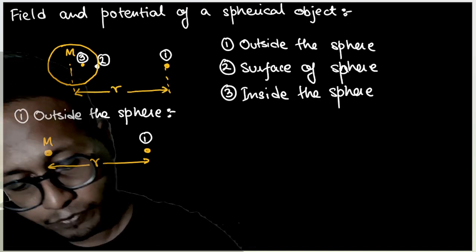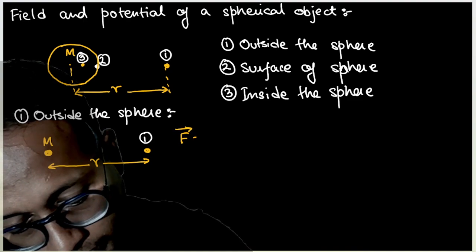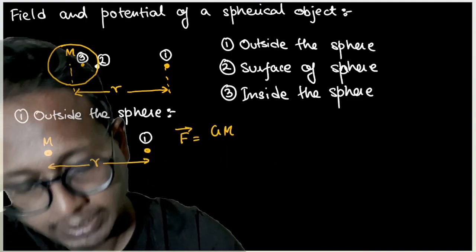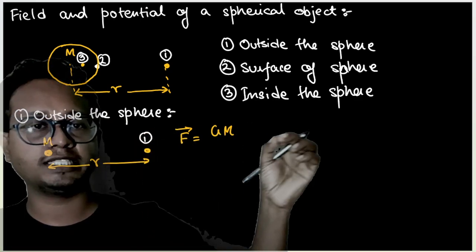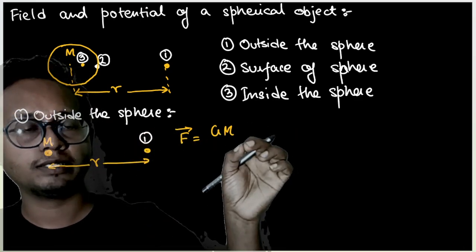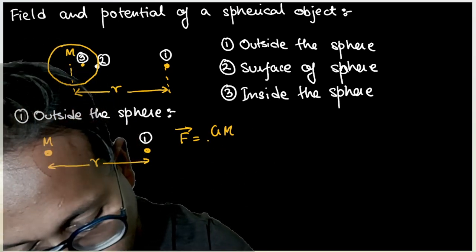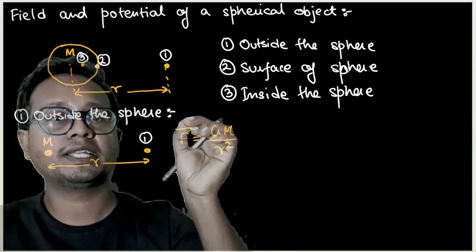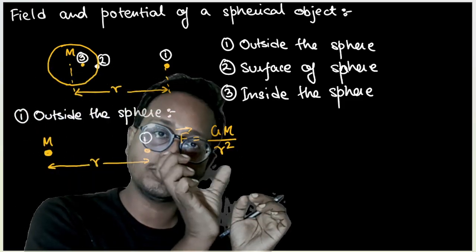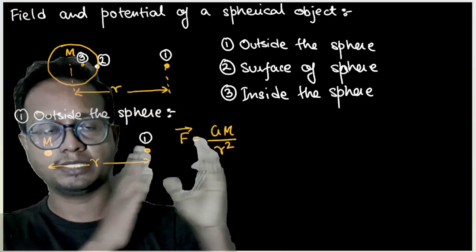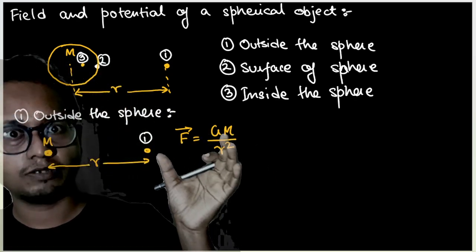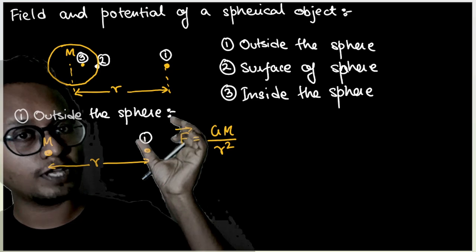The force at point 1, or the field at point 1, would be nothing but G mass, if you're finding out field, substitute this mass by 1 kg, divided by r square. If you're finding out the force, substitute the mass of this particle here. Both are the same thing. Gm by r square. Here I'm not writing negative or positive, because I'm discussing only the conceptual parameters. The directional parameters will be discussed later. Understand the concept first. Obviously there will be a minus here, but that's a later part of the concept.